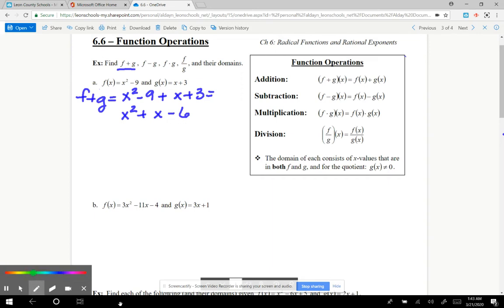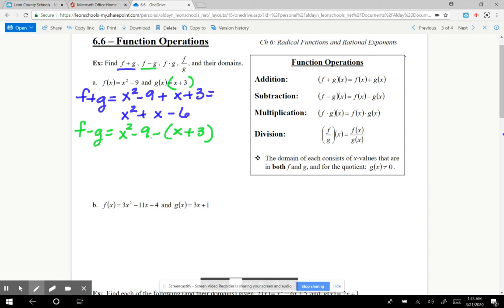All right, the next one, we're going to subtract them. Now, subtracting is a little bit different. You're still going to write your f of x first because it came first, so x squared minus 9. But when you're subtracting, your second function has to be in parentheses, x plus 3, because you have to distribute that negative.